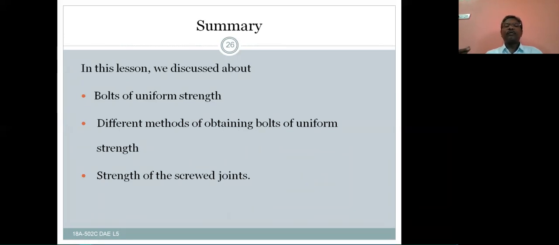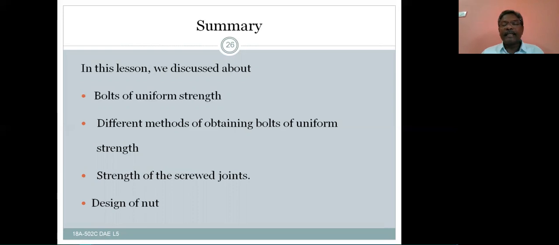The second cause of failure is stripping of the screw thread in the nut itself, and the third is direct shearing of the threaded portion. These are the three possible failures. If you are able to overcome all these problems, the screw joint will have more strength.